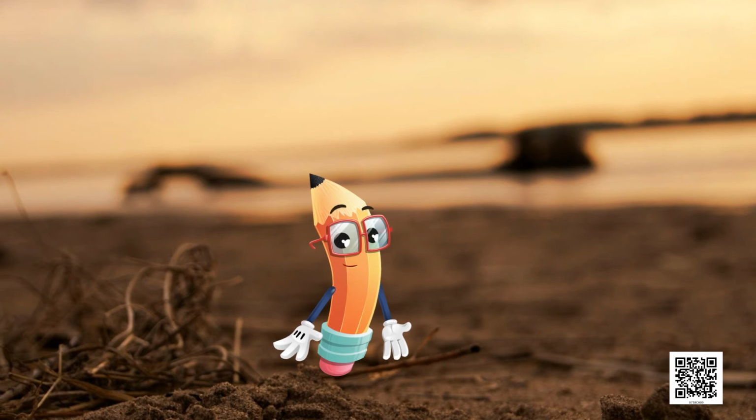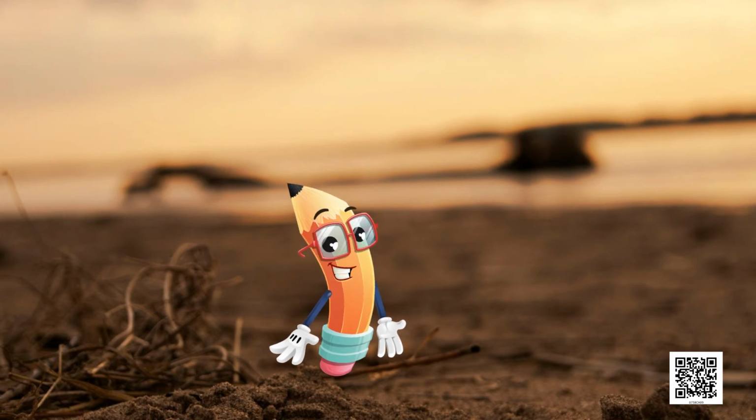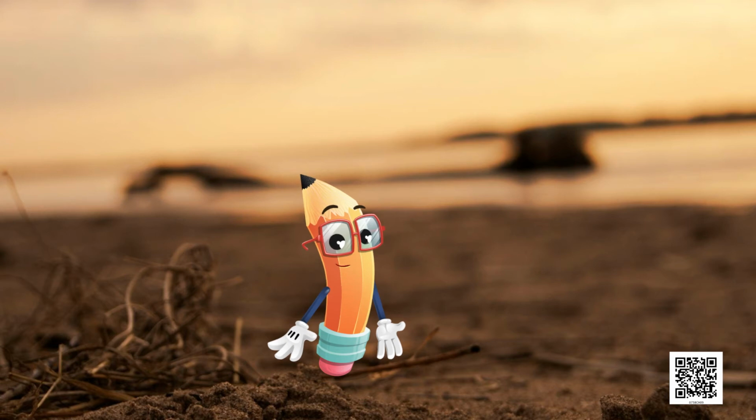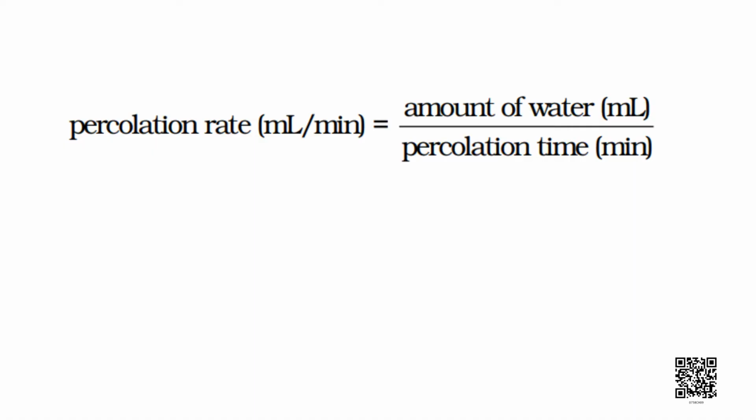While pouring, we can calculate the rate of percolation by using this formula. Percolation rate, that is in milliliter per minute, is equals to amount of water in milliliter upon percolation time in minutes.